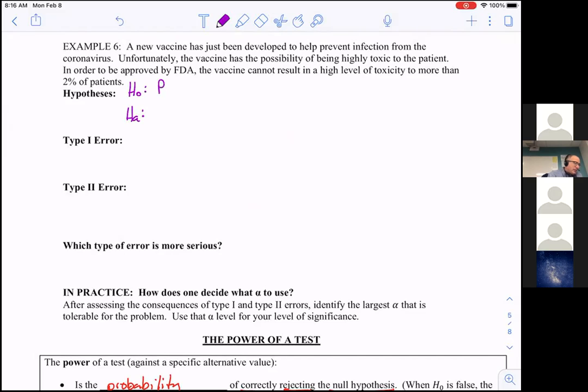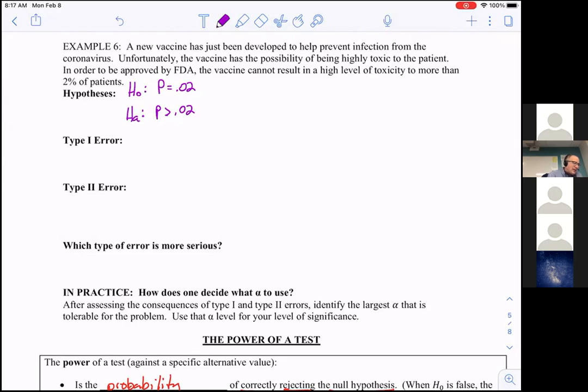So that means the proportion of my sample is 2%, or less, because we're talking about the toxicity of something, and if it's less than 0.02, then that is okay. That's just my cutoff. We're worried about the alternate hypothesis: if that proportion was greater than 0.02, then we have to be concerned.